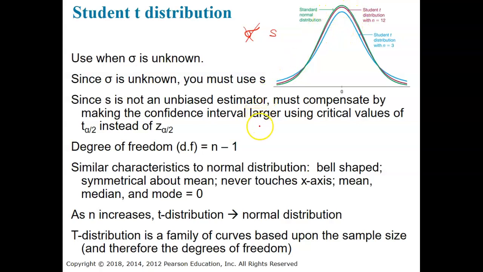It does have similar characteristics to the normal distribution in that it's bell-shaped, symmetrical about the mean, never touches the x-axis, and the mean, median, and mode are going to be 0. And like we said, as n increases, the T distribution approximates the normal distribution. So it's a family of curves based upon the sample size and therefore based upon its degrees of freedom.